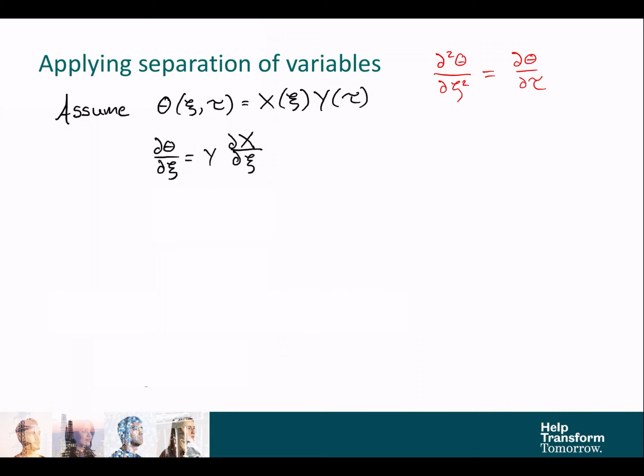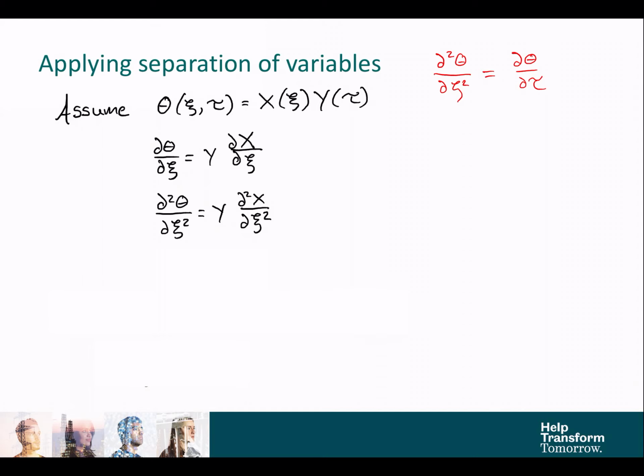So the first derivative with respect to xi, Y is effectively a constant because Y does not depend in any way on xi. And if we differentiate again, Y is still just a constant with respect to xi. And so we just have the second derivative of this function X with respect to xi squared.